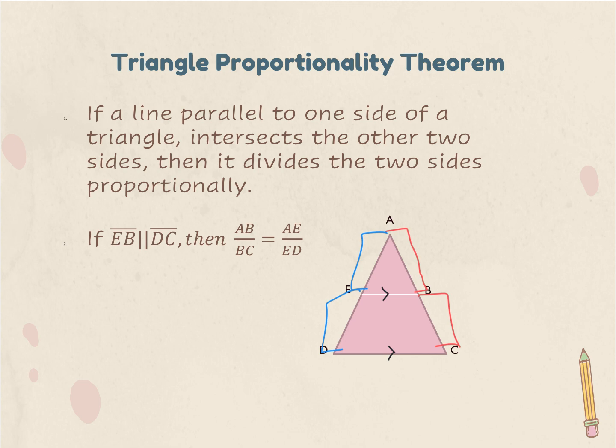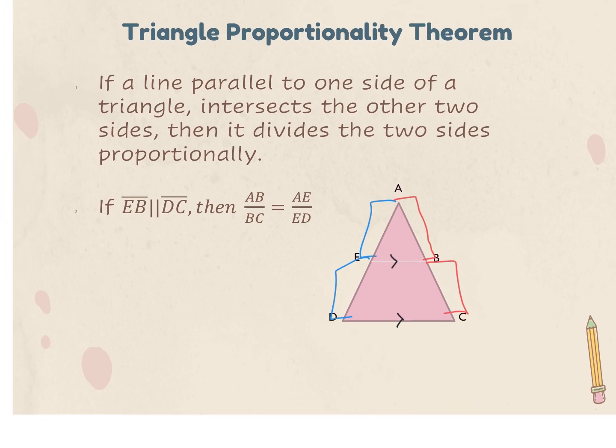Okay, they're proportional. There's another way I can write this, and you have to know both ways. So please make sure you're writing all this down, because it's an easy grade just by copying, which you guys are more than capable of doing. So another way you can write this is AE over AB. So now I'm doing the top triangle is proportional to the bottom half of my triangle.